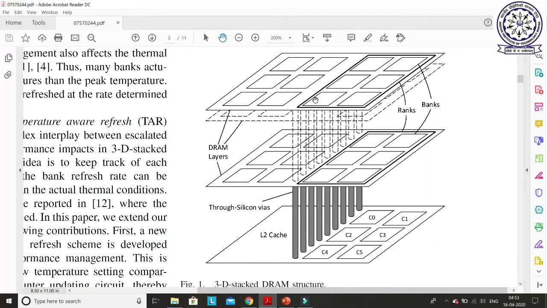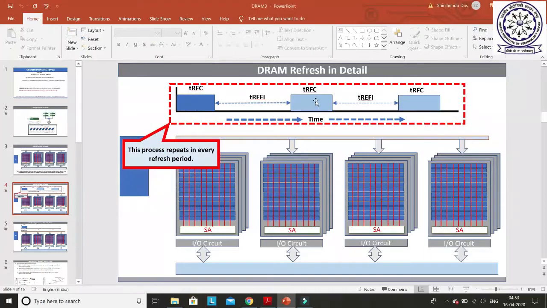If we go for this design here, what I said is that at normal temperature, up to 85 degrees centigrade, the refresh period is 64 millisecond, and if it is more than 85, then the refresh period is 32 millisecond. But how do they tell what the temperature is? There are many components here, right? In a rank, there are many chips, and there are many banks.